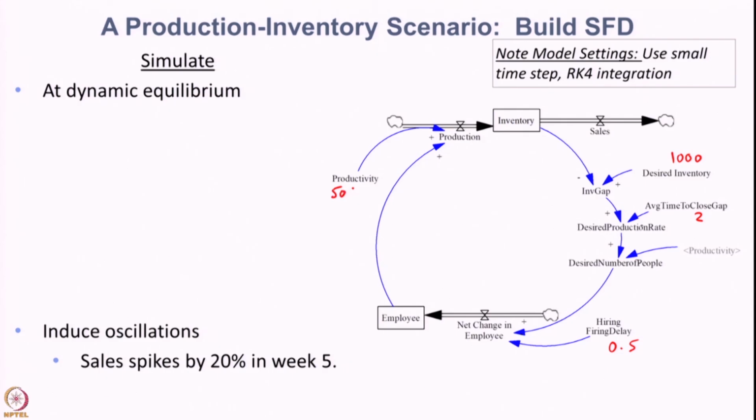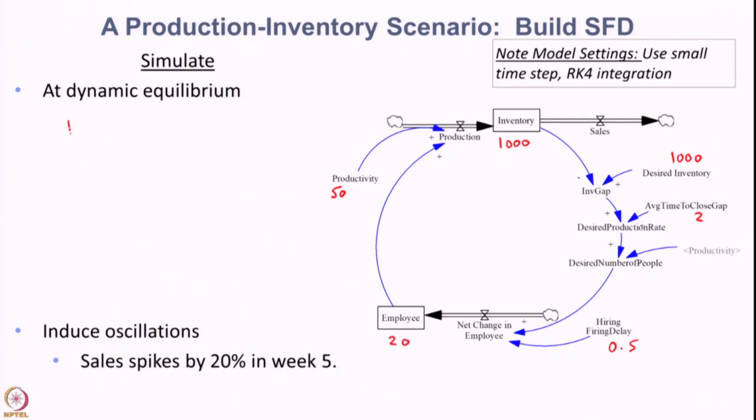Now, if it is to be dynamic equilibrium, that means the system should start in a stable or steady state, and there has to be no dynamic behavior observed, right. That will only happen if inventory equals the desired inventory. That means the inventory value should be 1000. The initial value of 1000 is to start the model in dynamic equilibrium. Now, to get the inventory of 1000, I already know productivity is 50, that means the number of employees has to be 20.